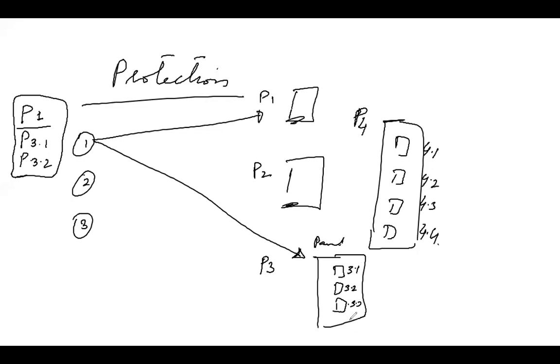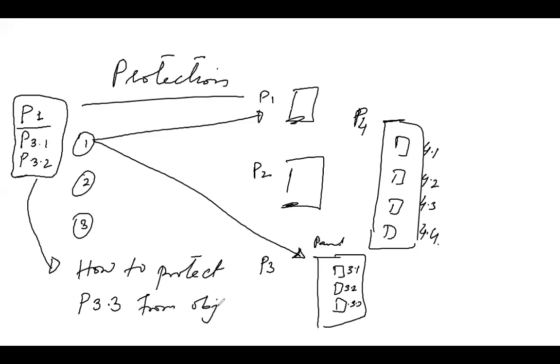So it means you don't have access to all this information, and that's why it is still a challenge how to protect a function inside a program, that is 3.3, from object 1. That is a very challenging task as well, because you are giving control to an object over program 3.